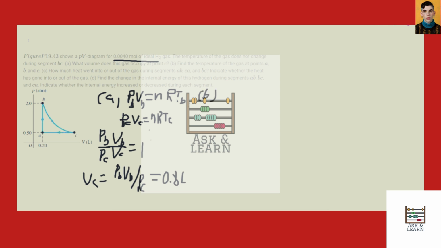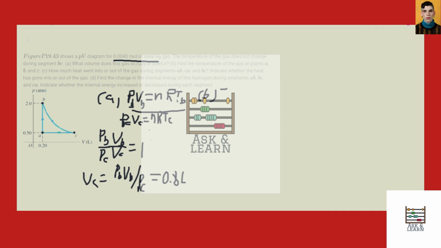Part B, we need to find the temperature at the three states. At state B, again we have this state equation. We can read the V_B from the diagram, and we know the amount of gas, and R is a constant, so we can calculate T_B directly.